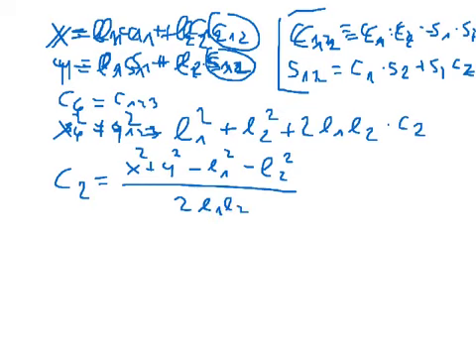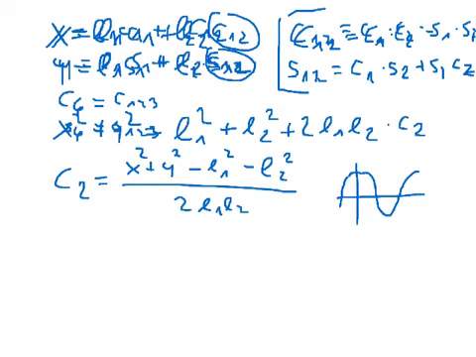Now how to solve this is not the problem, but the key is really what to do next. One naive way of doing it would be to say, well, we have cosine of theta 2 here, we can just take the arcus cosine of the right-hand side and we'll be done. The problem with that is that there are many possible solutions, and if we did that, we would limit ourselves to having only two solutions, because the cosine looks somehow like this.